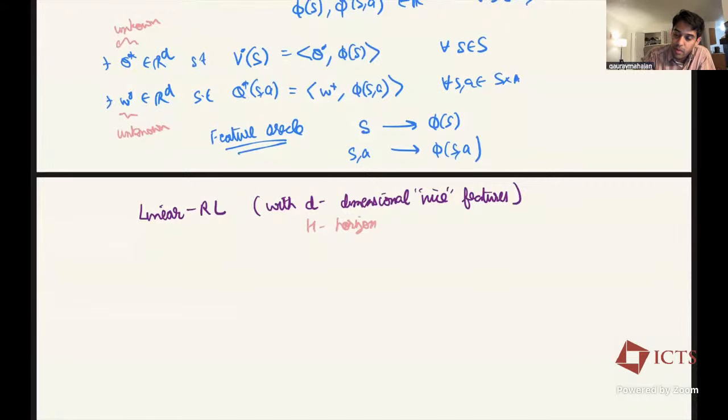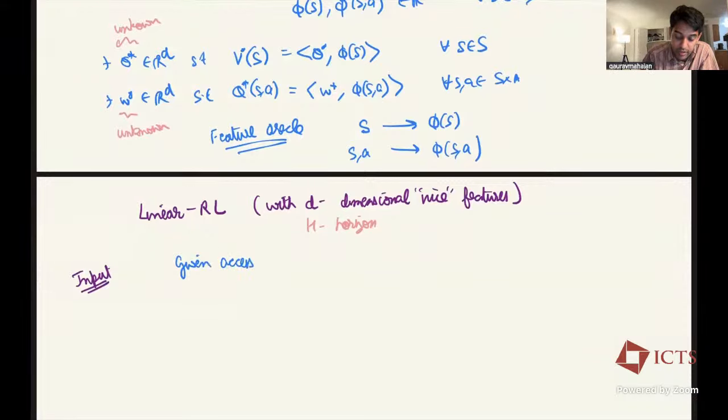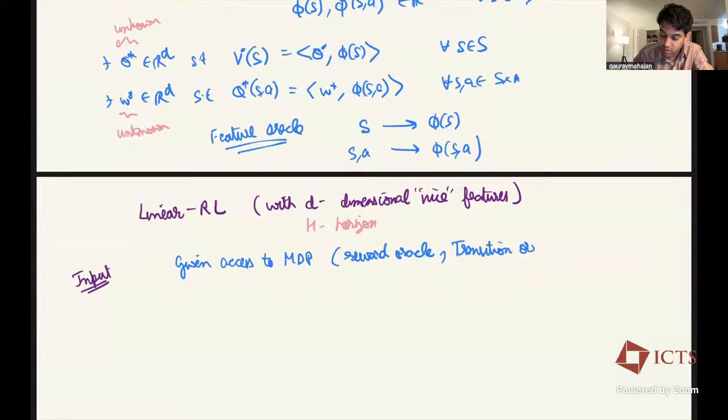Okay, so in this problem, you're given access to input. So you're given access to an MDP, which means a reward oracle, a transition oracle, and a feature oracle. So access to these oracles.